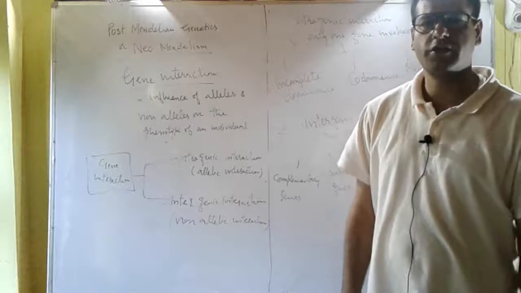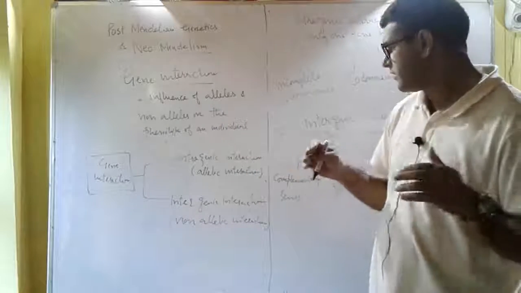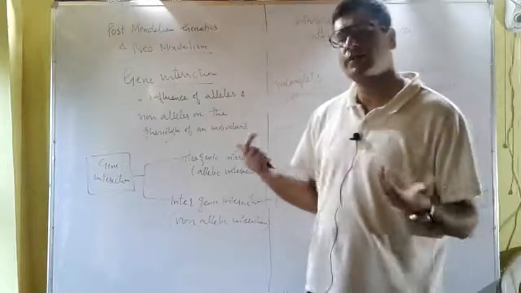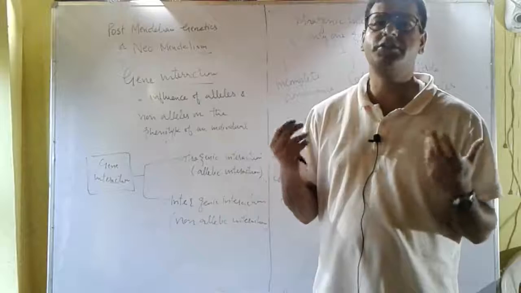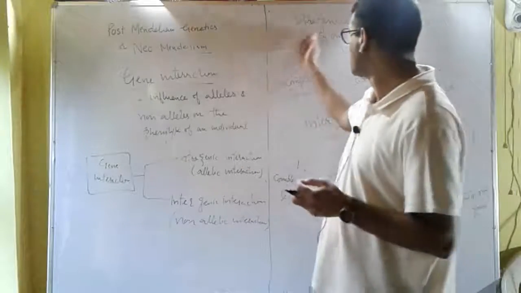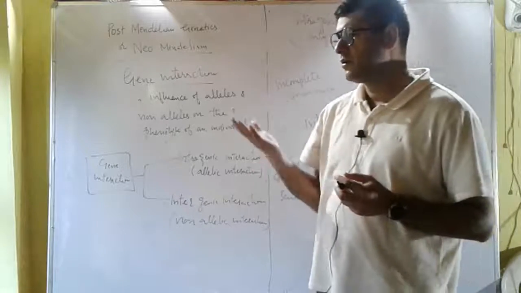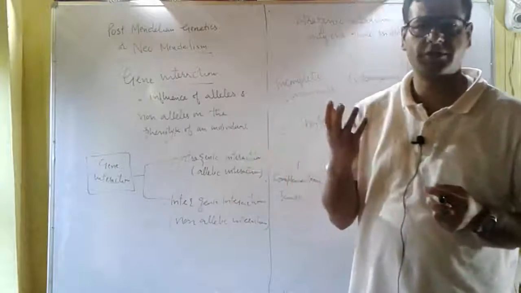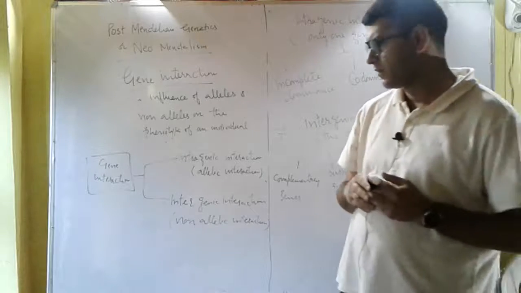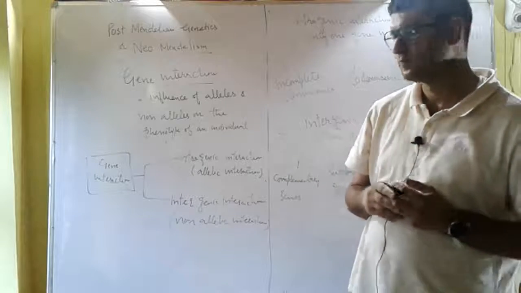One is intragenic interaction, that is allelic interaction between the alleles, and then we have intergenic, between the genes, also called non-allelic interaction. Intragenic interaction involves only one gene, with examples being incomplete dominance, codominance and multiple alleles.